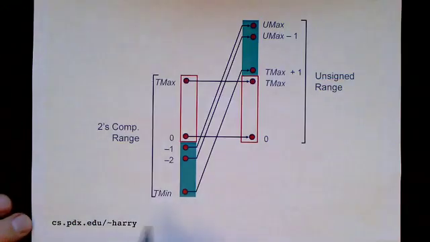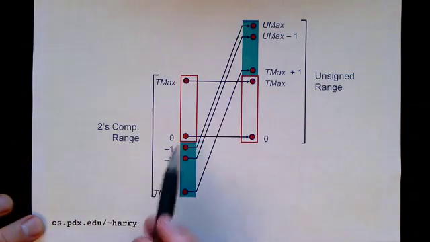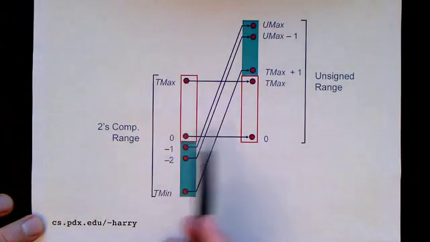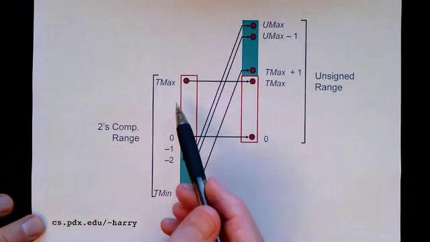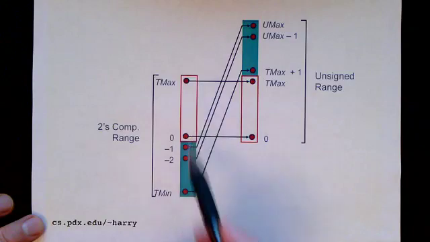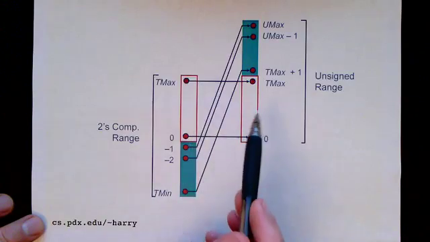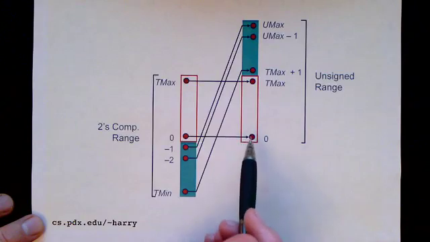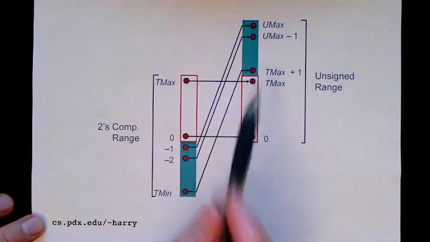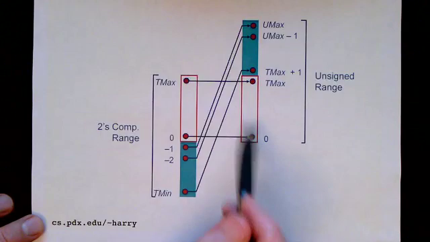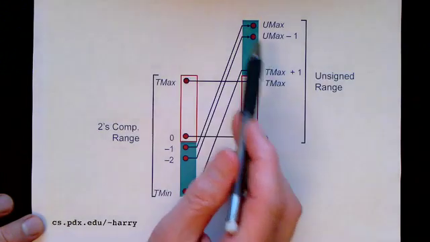Here's another image from the Bryant and O'Hallaron textbook. I like this because it shows the relationship of how signed and unsigned work. On the left we have signed numbers, and on the right we have unsigned numbers. Let's look at unsigned first. Each one of these red dots is a number, and we start off with 0, and we go up to some maximum number.